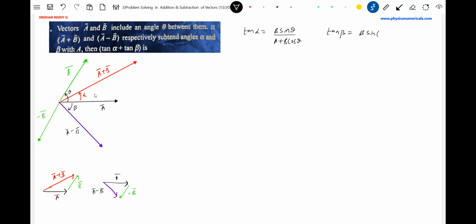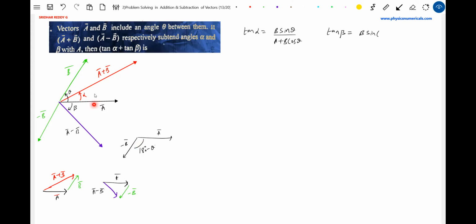What is the angle between A bar and minus B bar? Finding it difficult, just put the angle.